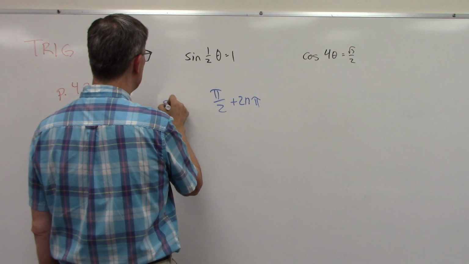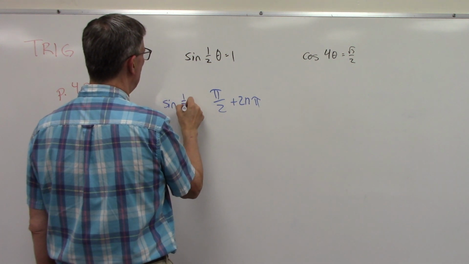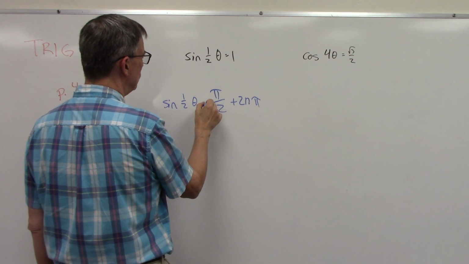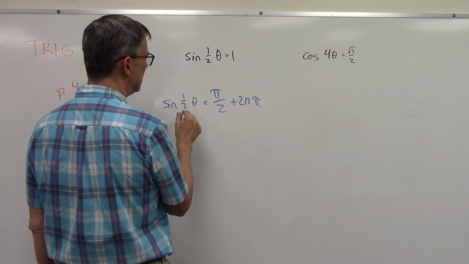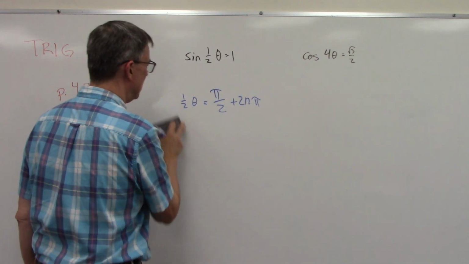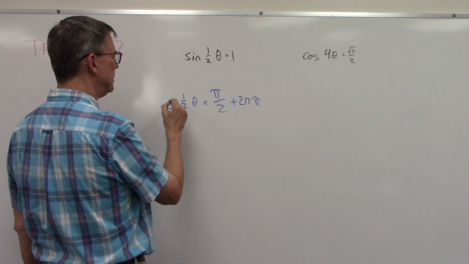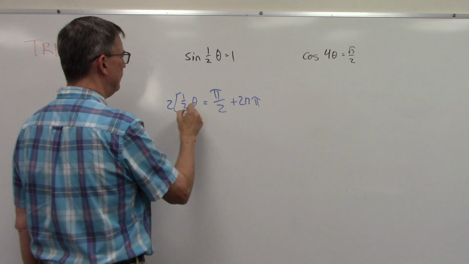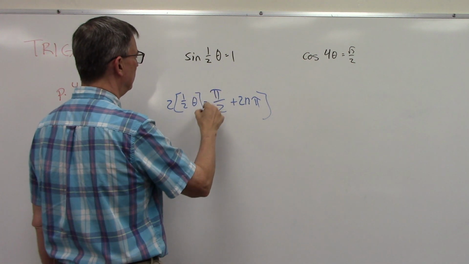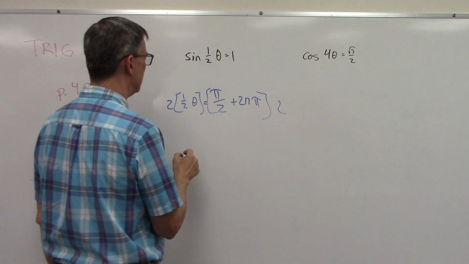But we have sine of 1/2 theta. So what we have to do is multiply both sides times 2 to get rid of the sine.